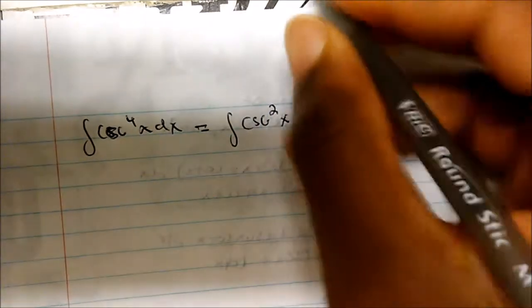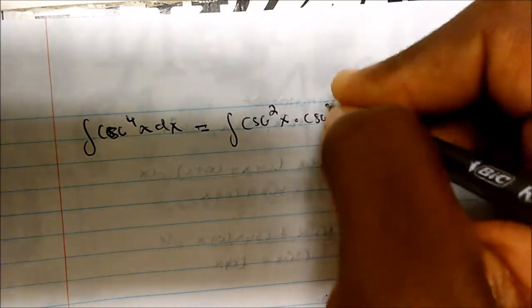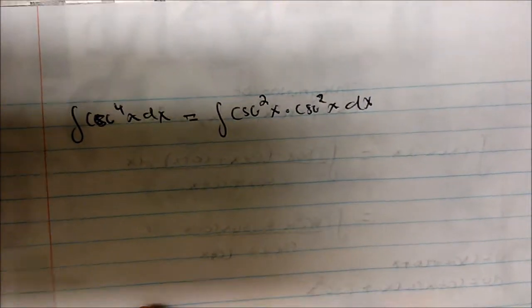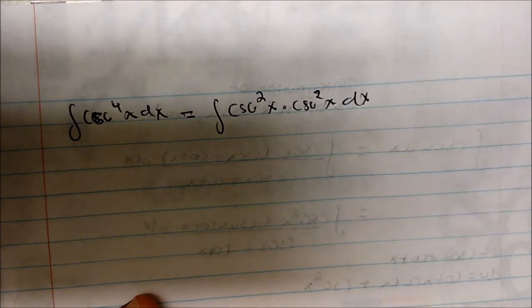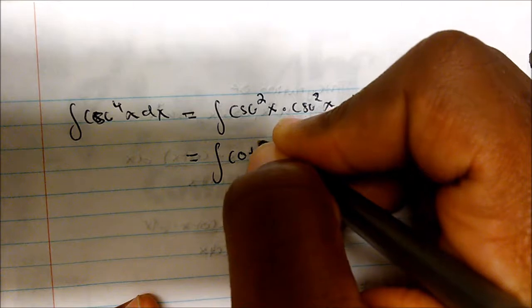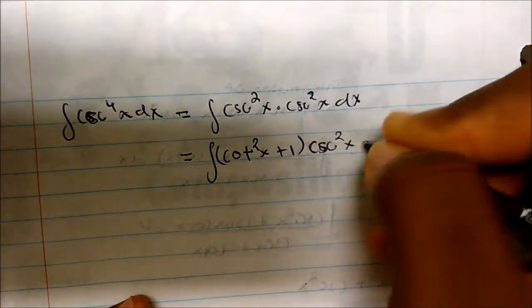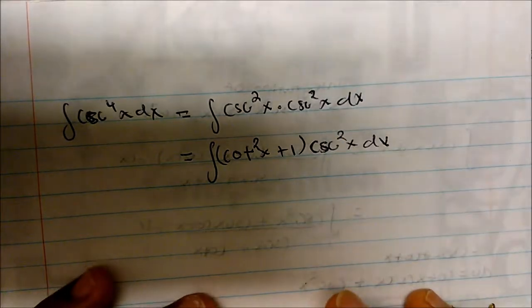So this becomes cosecant squared of x times cosecant squared of x. Well, that's the same thing as cosecant to the 4th of x. Okay, and so what can I do? I can use an identity. So this becomes the integral of cotangent squared of x plus 1, and we multiply that by cosecant squared of x dx.